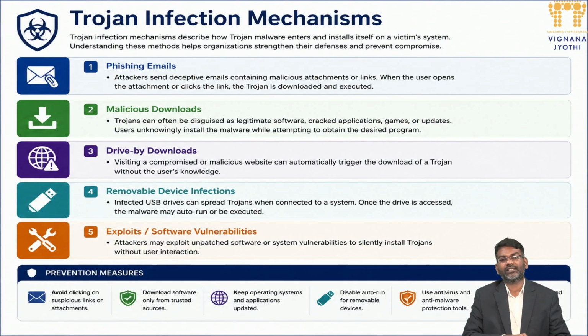Next, going with malicious downloads. Let me take the Windows operating system itself. Once we want to use it, it is charged. So what I will do is check different websites where it can be given for free. Not only Windows, but different types of applications and software we use.